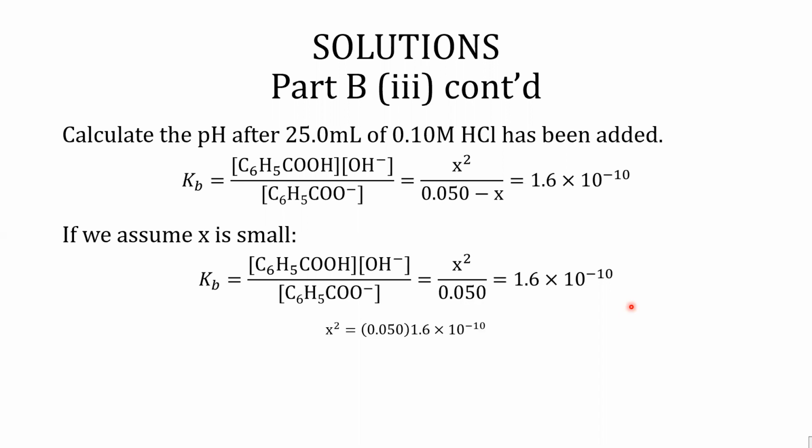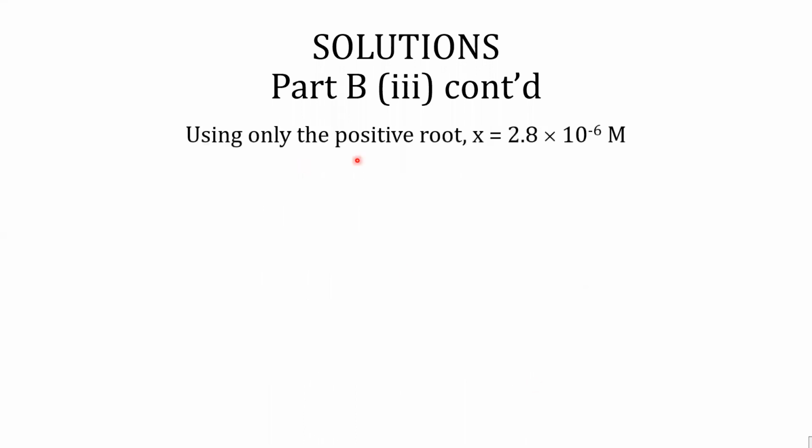The final value of x is plus or minus 2.8 times 10 to the minus 6 molar. Using only the positive root, x equals 2.8 times 10 to the minus 6 molar.